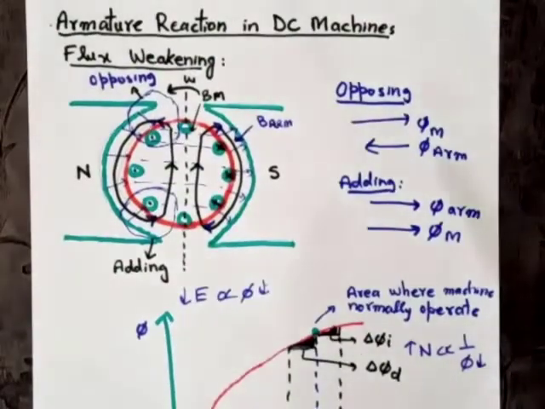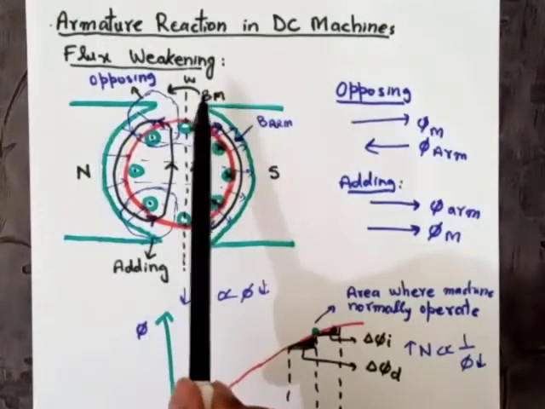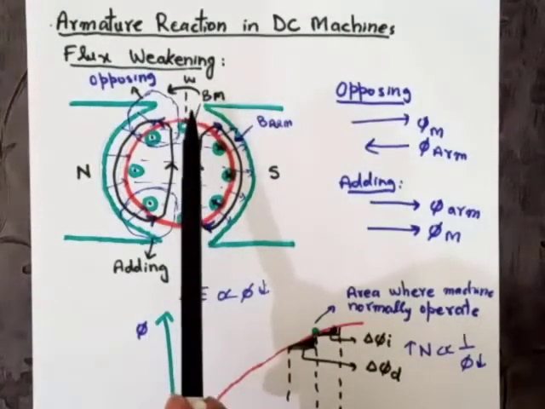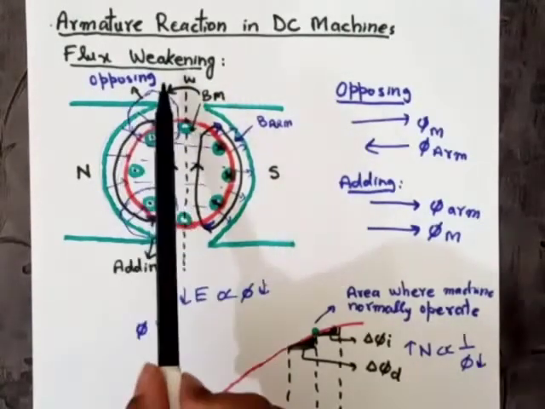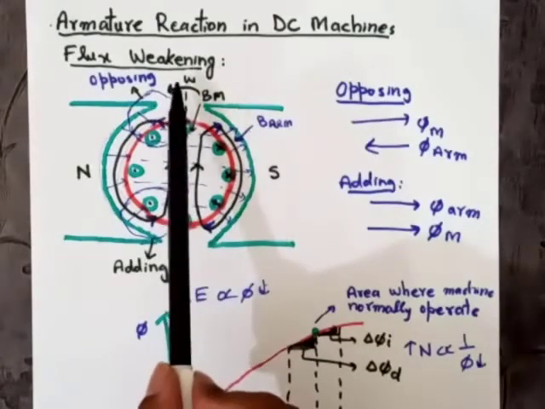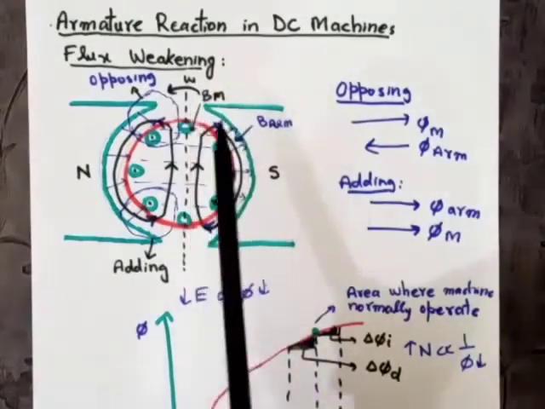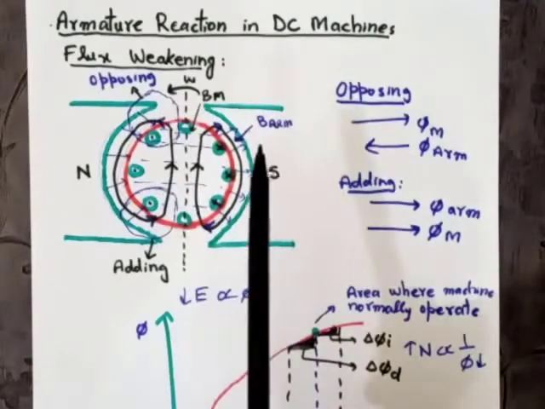Now we will discuss the next problem of the armature reaction, called flux weakening. As the name suggests, flux weakening means the flux under the poles will reduce. That is, the value of the flux will start to decrease.